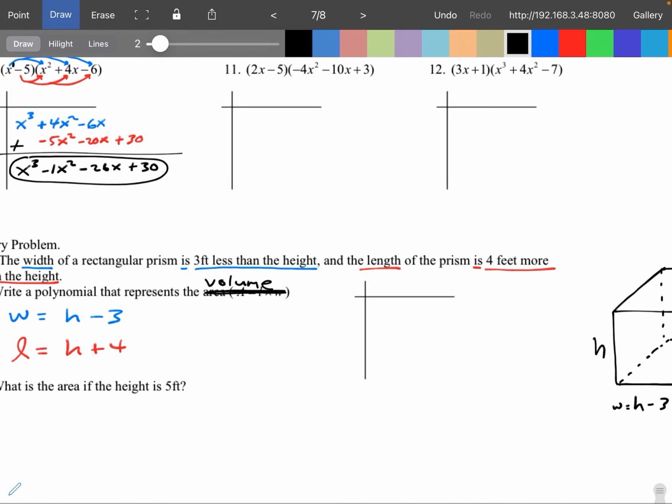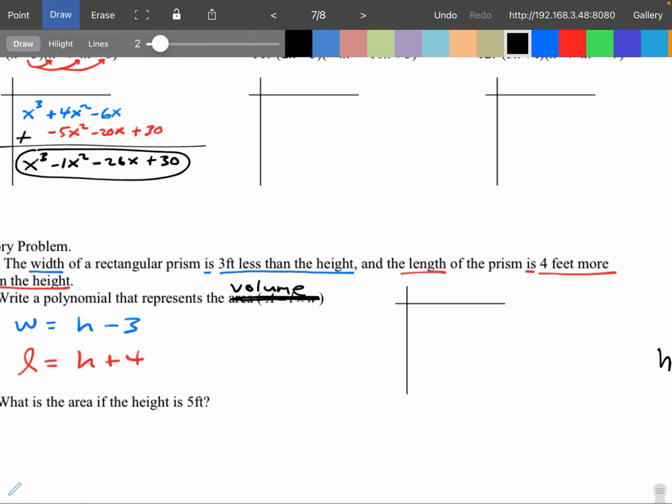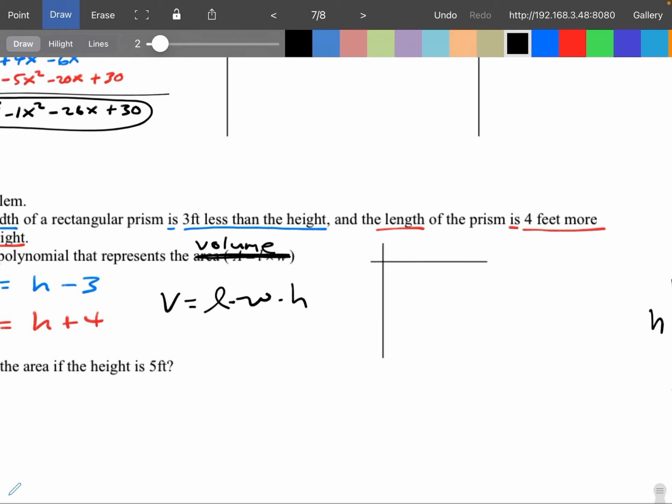So then where they messed this up is they gave that formula for the area was length times width. No, we want to find the volume. So what we want to do is the volume is equal to the length times the width times the height, like that.